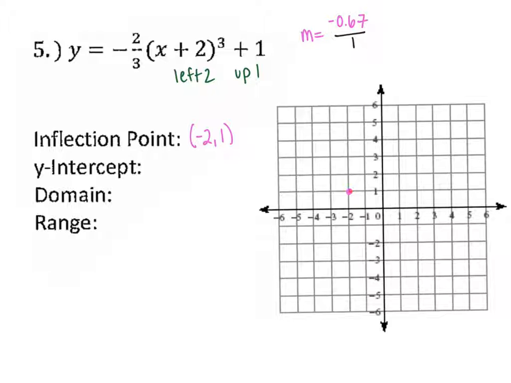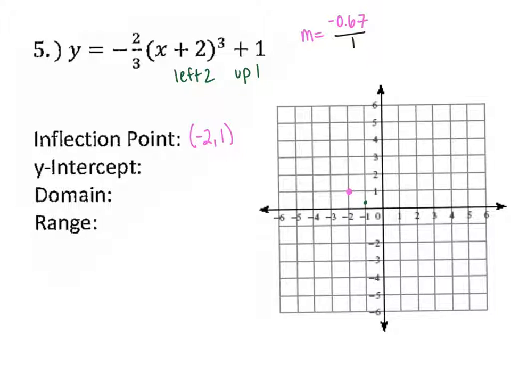So on this graph here, I go to my vertex, not my vertex, my inflection point, and I'm going to go down about 0.67, so that's about like 2/3, right? Down about 2/3, but then over 1, which is right here, and plot. That's about right there.